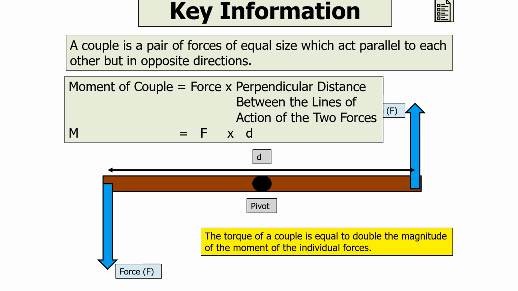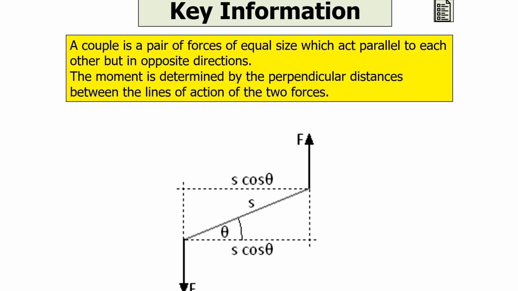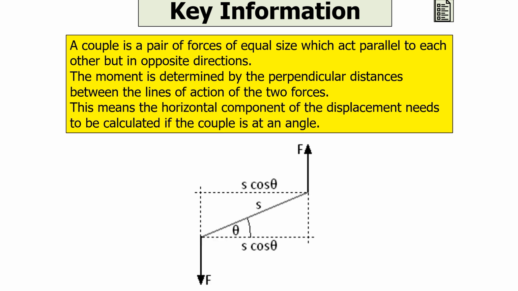So we can say that the torque of a couple is equal to double the magnitude of the moment of the individual forces. A couple is a pair of forces of equal size which act parallel to each other but in opposite directions. The moment is determined by the perpendicular distance between the lines of action of the two forces, so the horizontal component of the displacement needs to be calculated if the couple is at an angle.